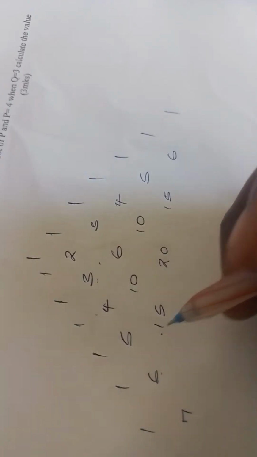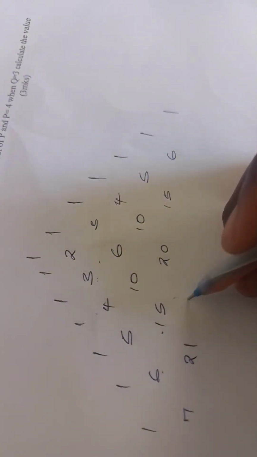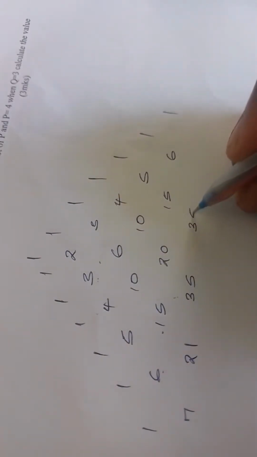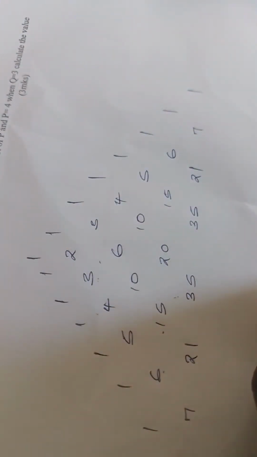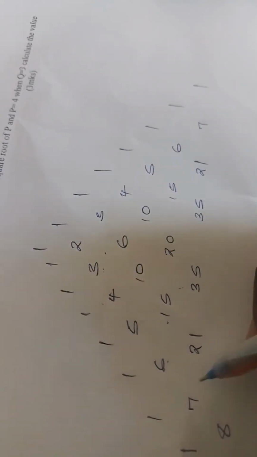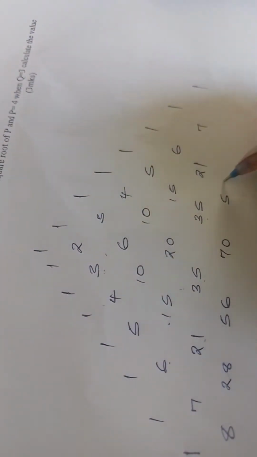This one plus this one will be 21. This one will be 35, plus 21, 7, 1. This one will be 1, 8. That one will be 8. 7 plus this one will be 28. This one plus this one will be 56. This one plus this one will be 70. This one will be 56. This one will be 28, 8, 1.